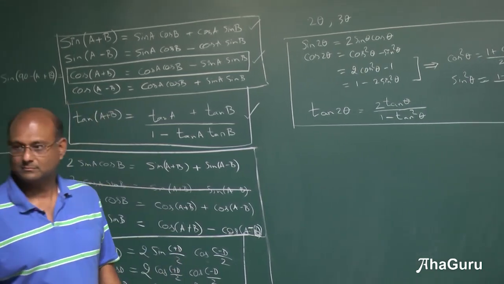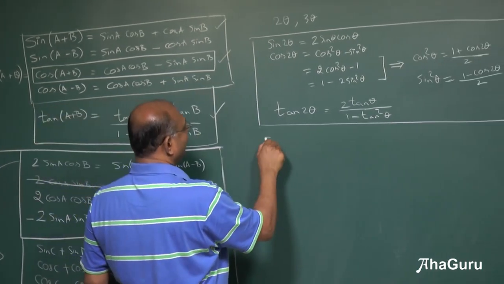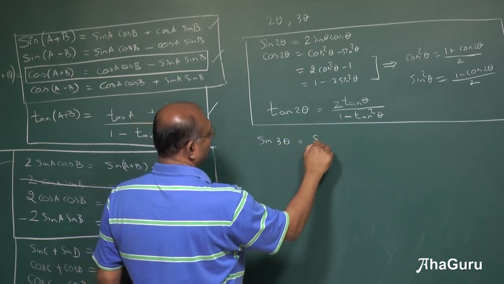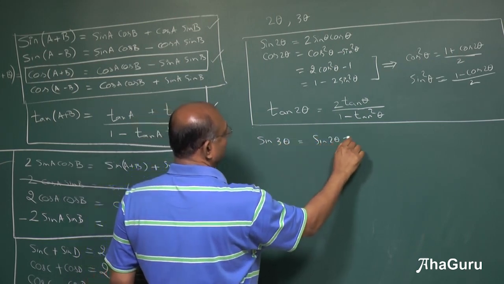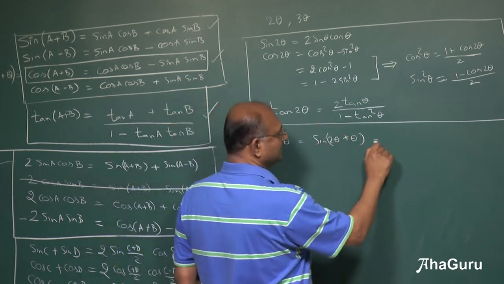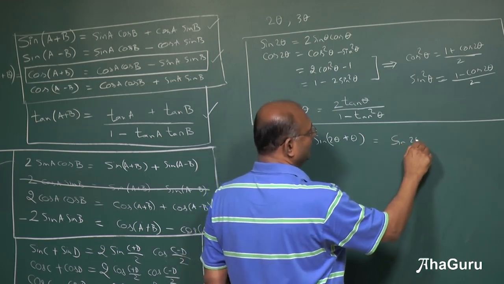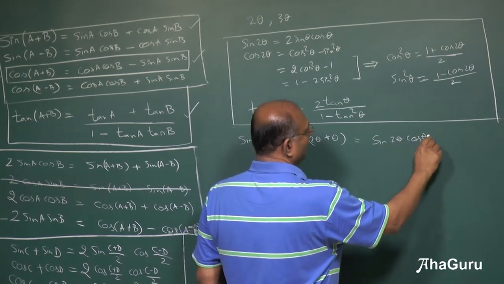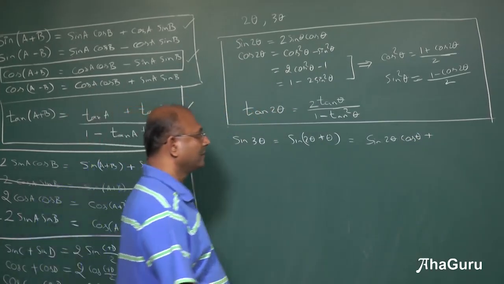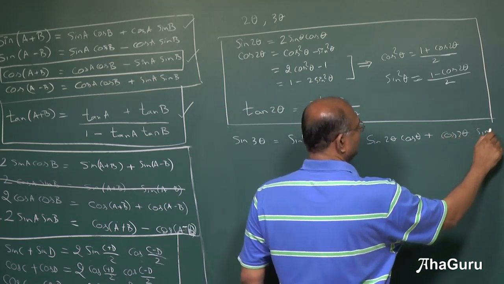Okay, now when I get to 3 theta, you will write sin of 3 theta as sin of 2 theta plus theta, which is sin 2 theta cos theta plus cos 2 theta sin theta.